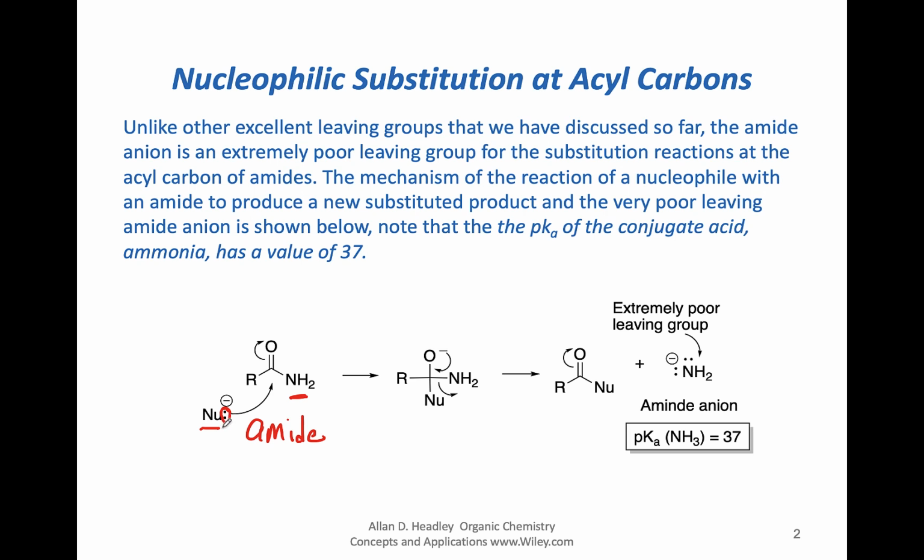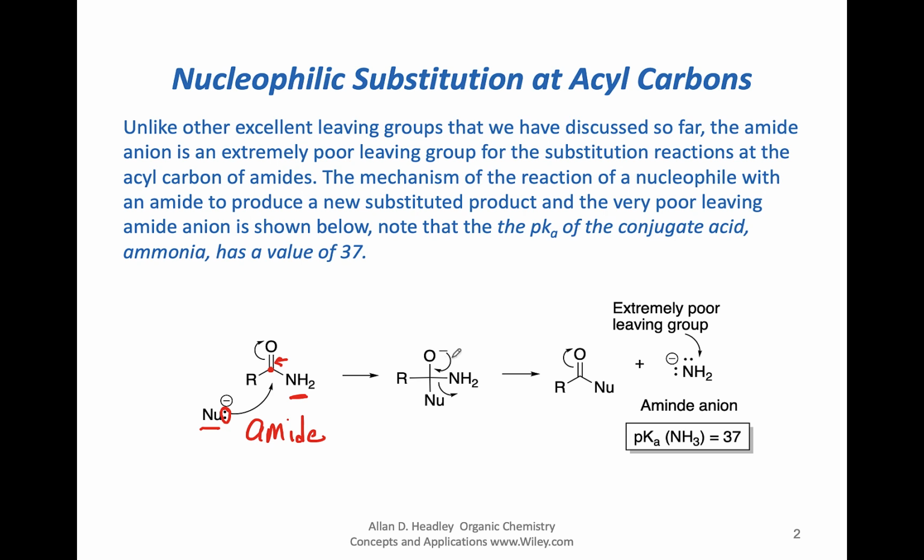It must have at least one unshared pair of electrons. Those electrons bond to this carbon because it's partially positive, because this bond here is a polar covalent bond. These electrons swing up, as you can see here, and this is a tetrahedral intermediate, as you will recall.